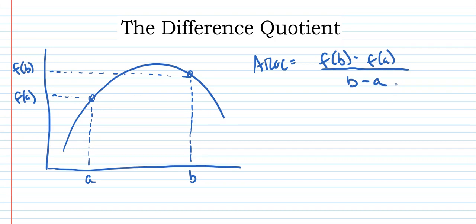B minus A. Well, what we want to do now is, instead of having a point B here, I want to say, all right, I don't know what B is, but I have this distance called H. And so instead of being called point B, we could say that this is A, which is this distance here, plus H, which is this distance here.